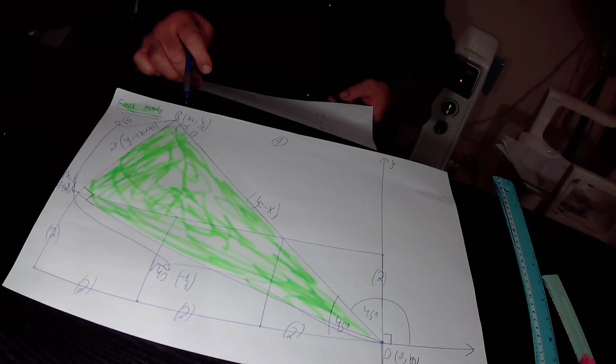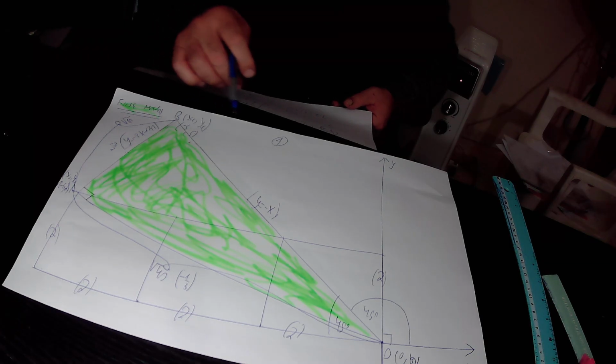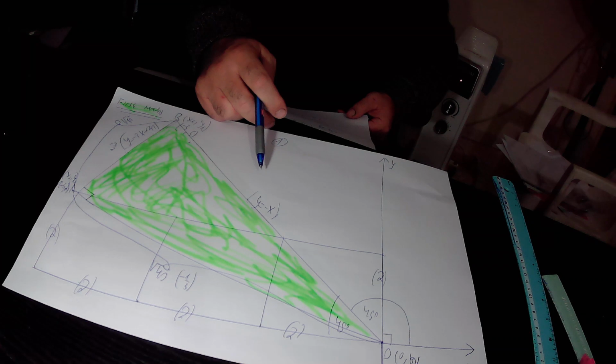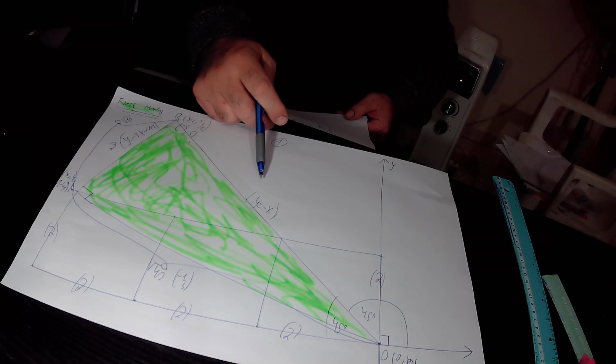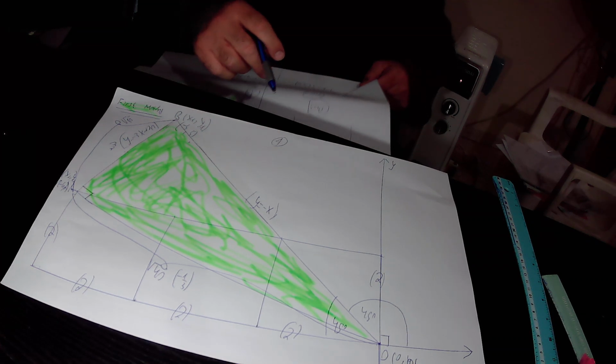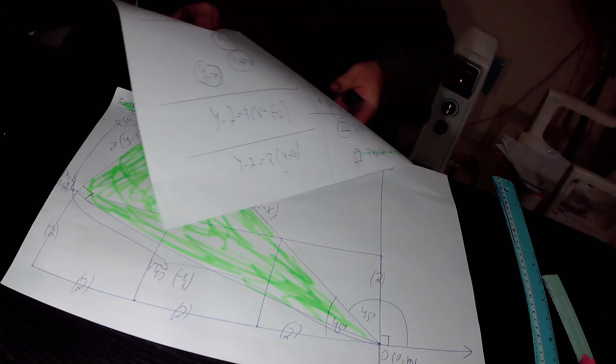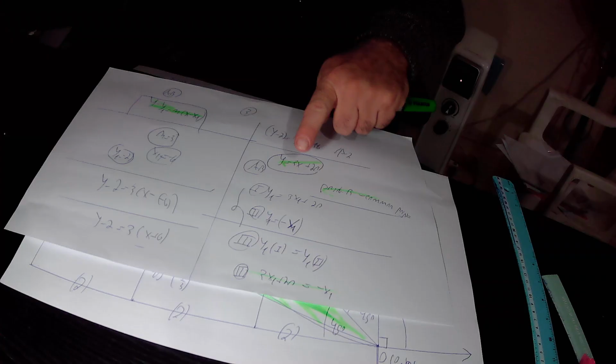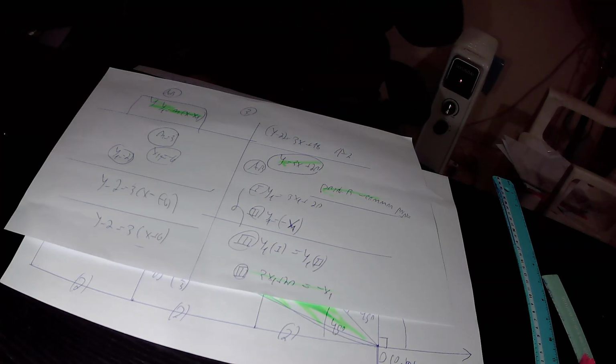Likewise, point B is located on the straight line BO, therefore it must satisfy this straight line BO. That is to say, y1 equals minus x1. So according to equation 2, we found out that y1 equals minus x1.